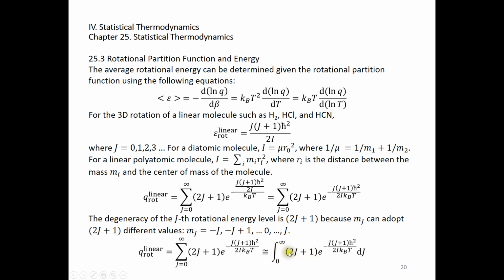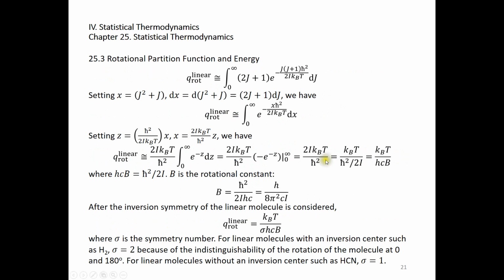We assume this integral of the same function is equal to the sum over here. We have this rotational partition function of a linear molecule approximately equal to the integral of (2J plus 1) times e to the power of negative rotational energy over k_B T dJ, with J from 0 to infinity.